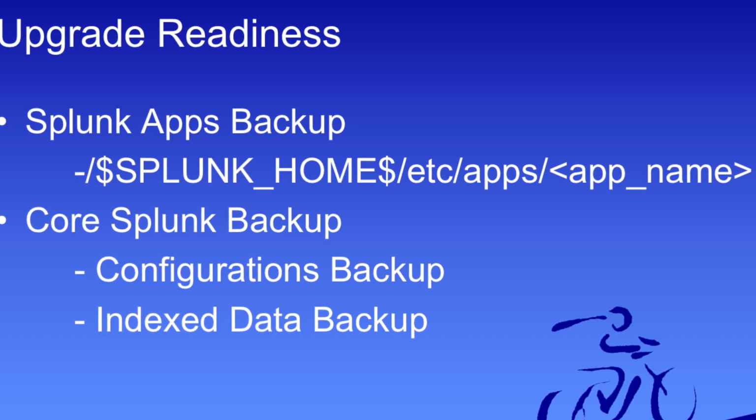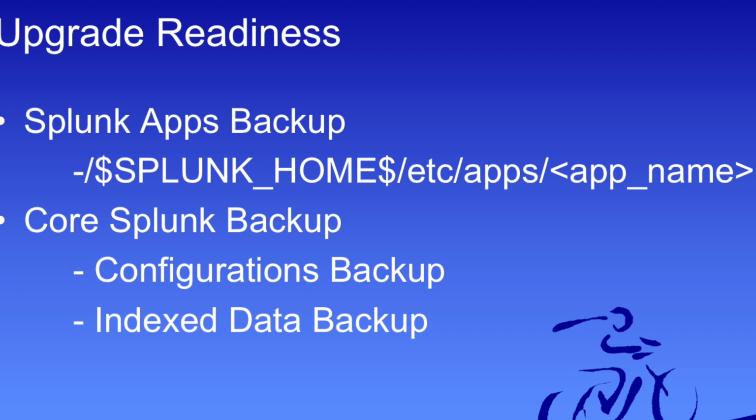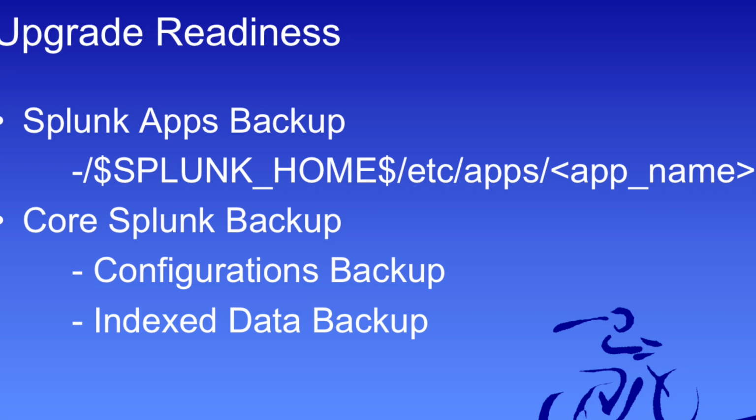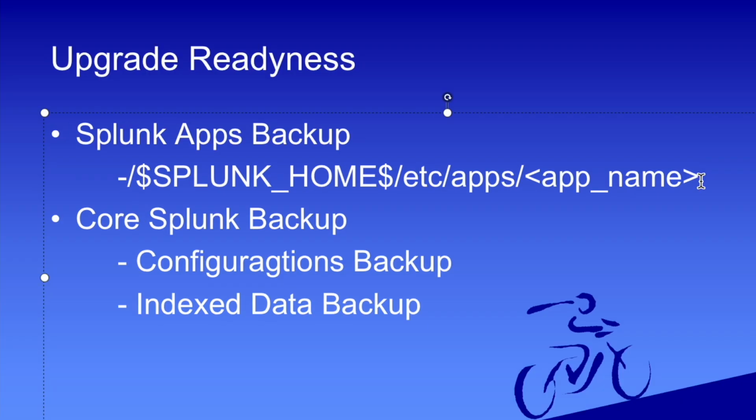Suppose you are taking a backup of Enterprise Security, you go to this specific directory, get the name of your app, copy it somewhere and keep it, so in case you have any issues, you can restore from that backup.